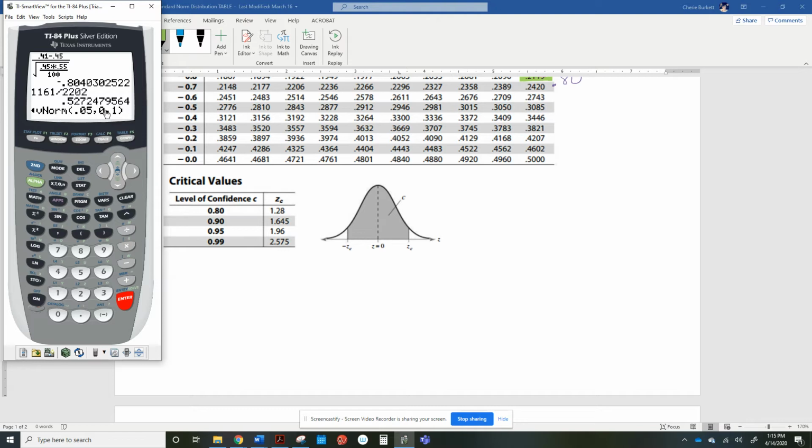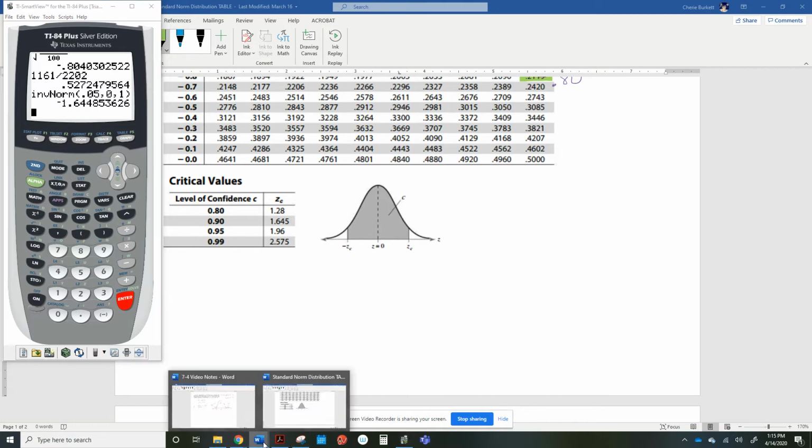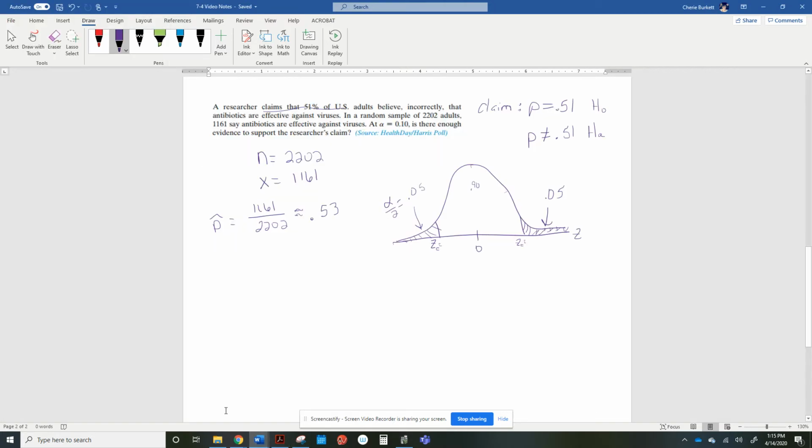If you have an 83, then this is what you're going to do: inverse norm, 0.05, comma 0, comma 1. Press enter, and it gives me negative 1.64, and then we would round that up to 5. So we have found the critical value. This is negative 1.645, and this is positive 1.645.